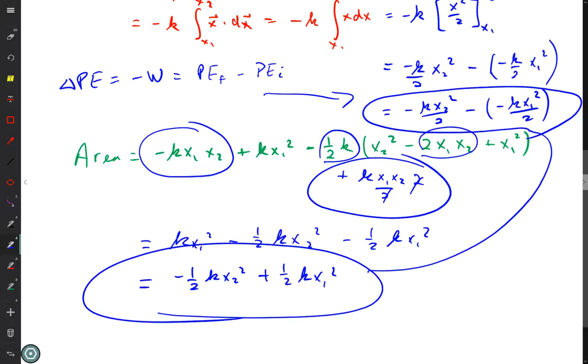But if I do work, I'm going to have to change the signs. So that means work should equal minus potential energy final minus parenthesis minus potential energy initial.